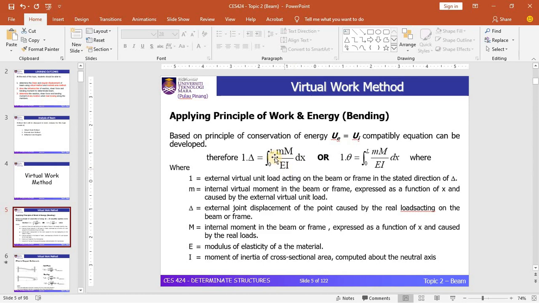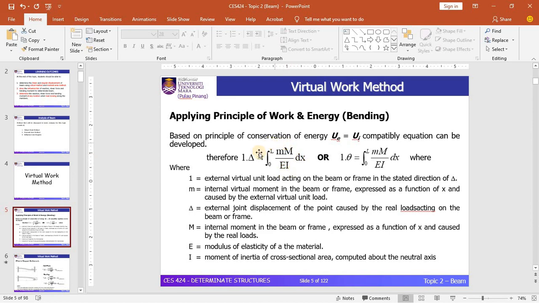The small m is the moment that can be obtained by using the virtual diagram. Meanwhile, the capital M is the moment equation that you need to figure out from the actual diagram. We will look into this in detail, how to get those moment equations.